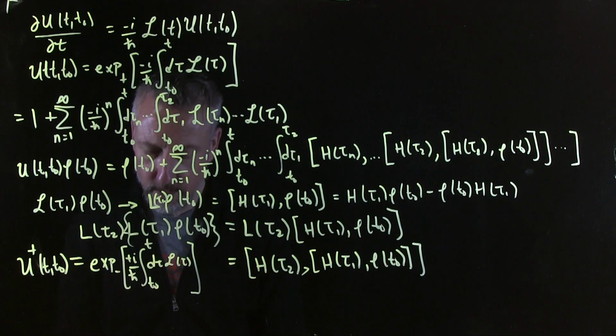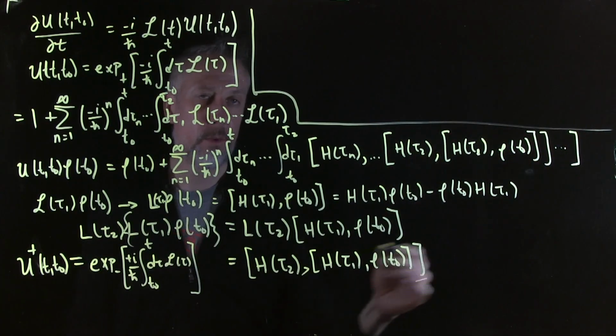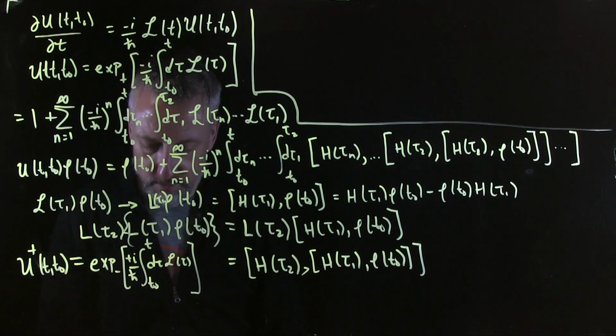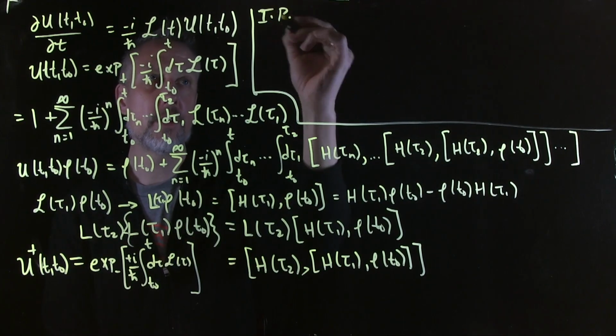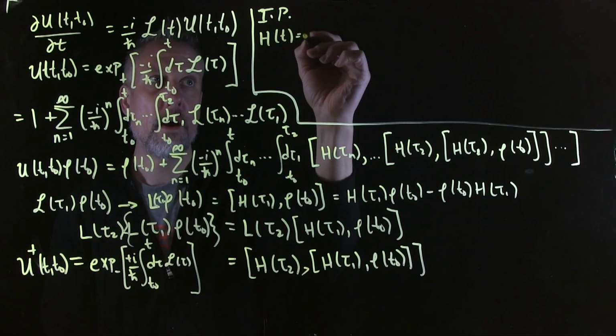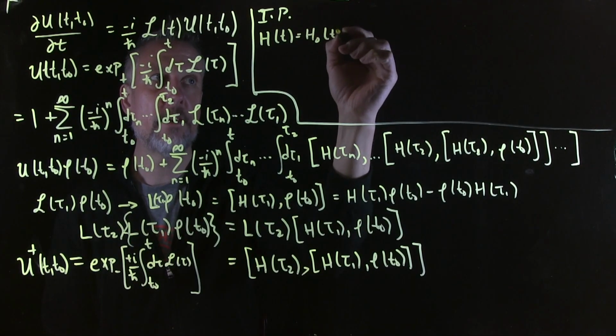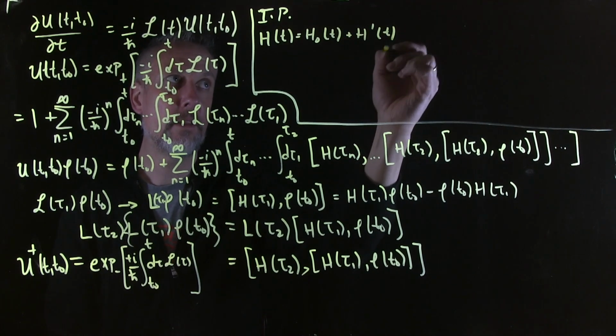All right, so now what we're going to do, you're probably following along here, is introduce the interaction picture. To do the interaction picture, all we need is two pieces of Hamiltonian. Obviously, we're thinking ahead to molecule and field, but it doesn't have to be thought of in that way.